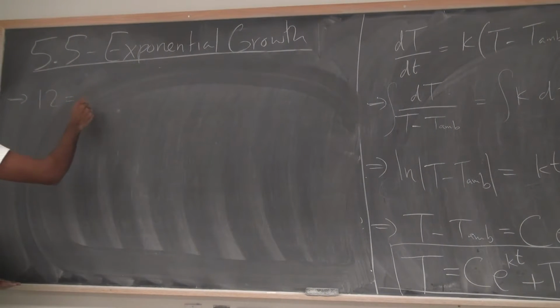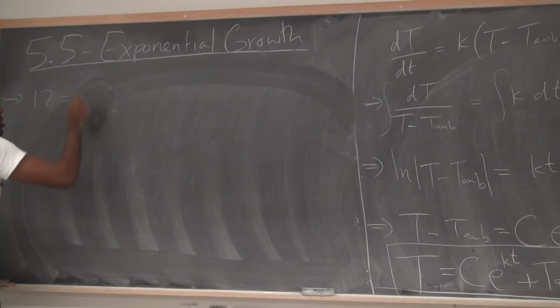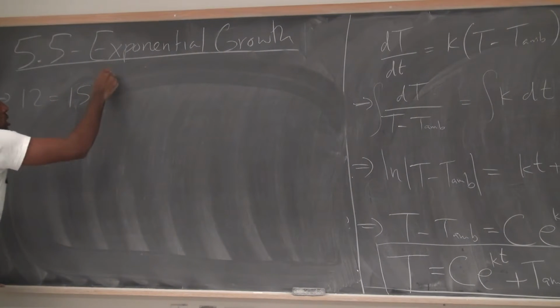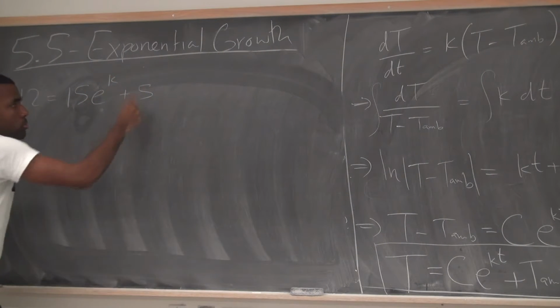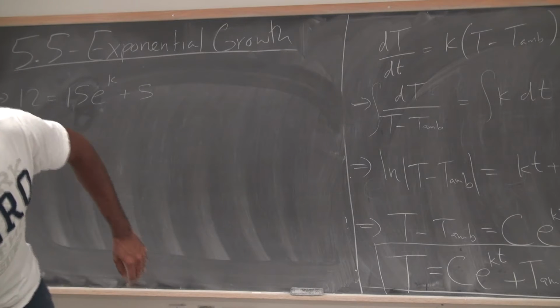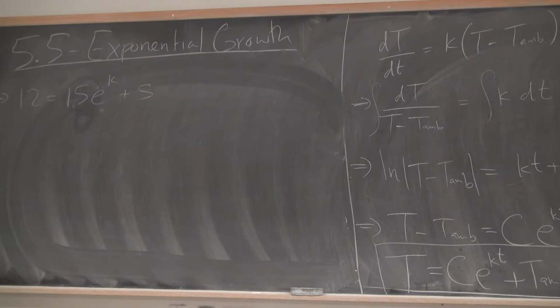So 12 is equal to 15 e to the k plus 5. How do we find k? Subtract the 5 to get 7, divide by 15, get 7 over 15.